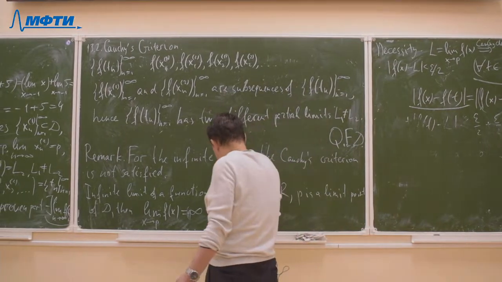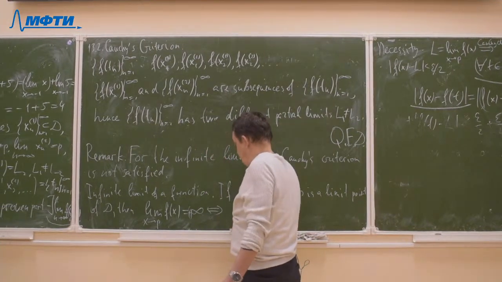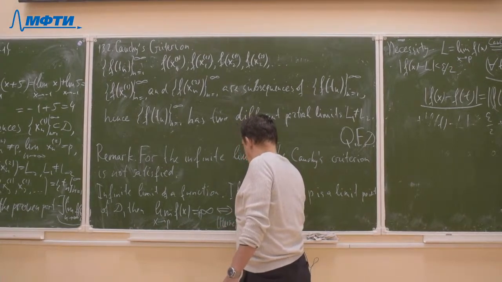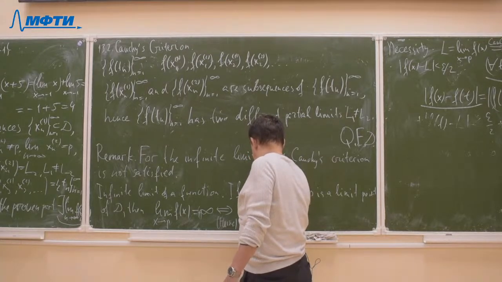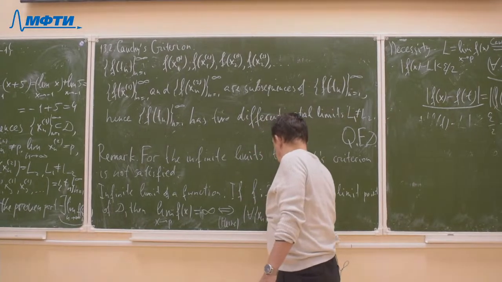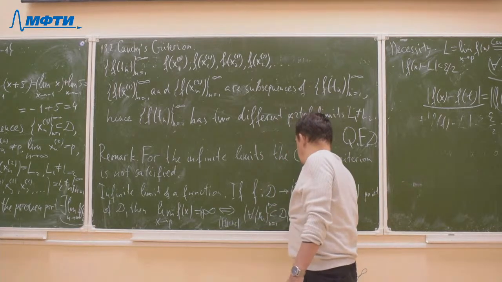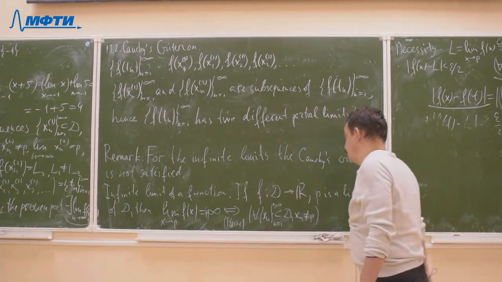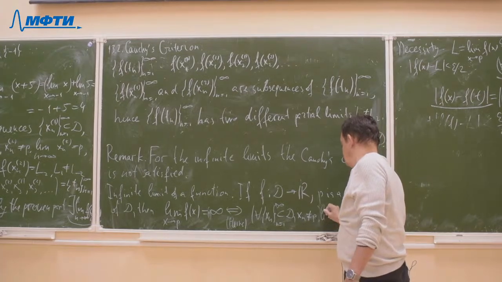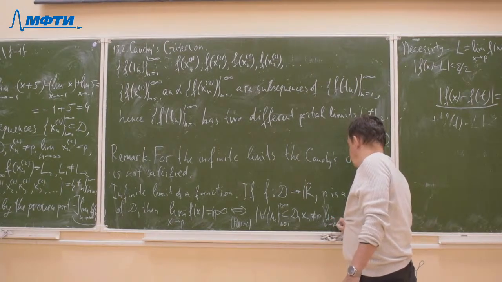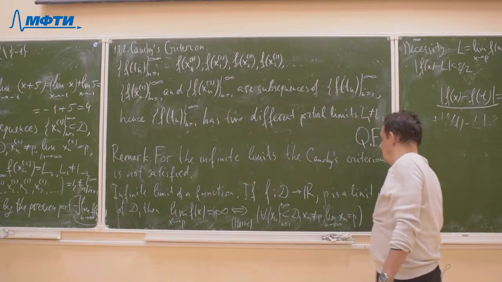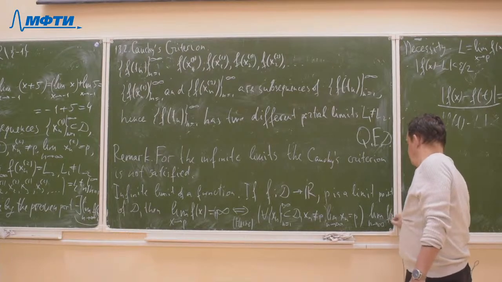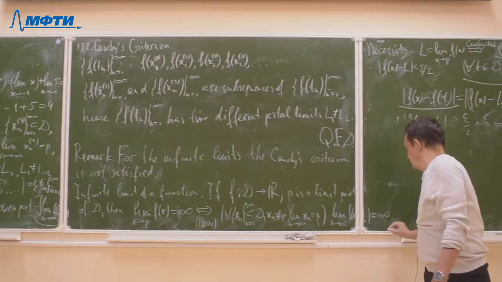By Heine definition, it's quite natural. For an arbitrary sequence x_n in D, x_n not equal to P, and limit of x_n equals P, we have limit of f of x_n equals plus infinity.